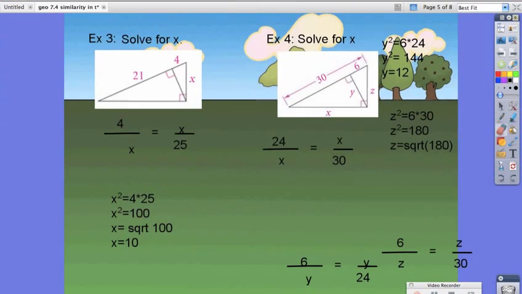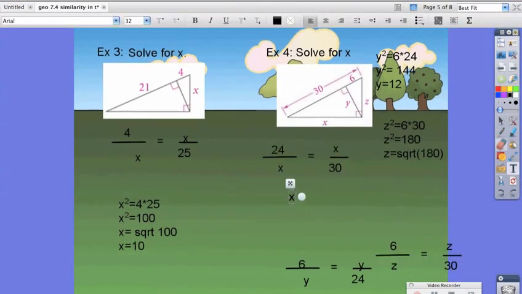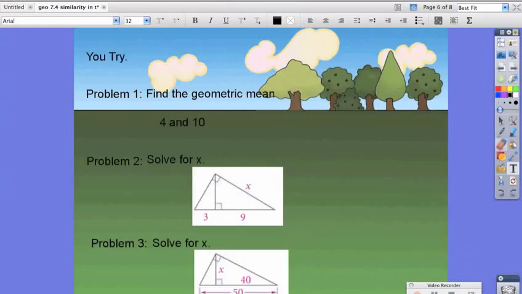So, again, we take the cross product, x squared equals 24 times 30. X squared equals 720. X is equal to the square root of 720. And that's all.